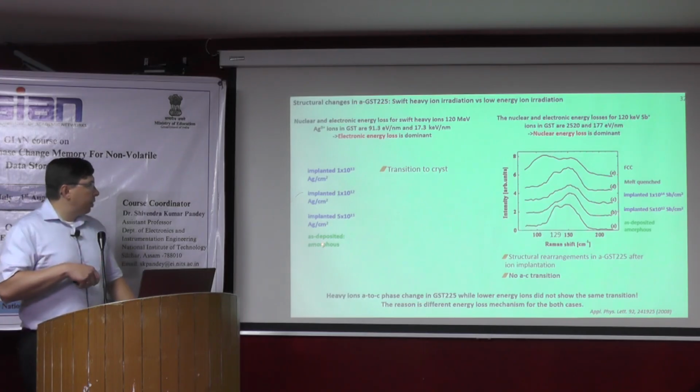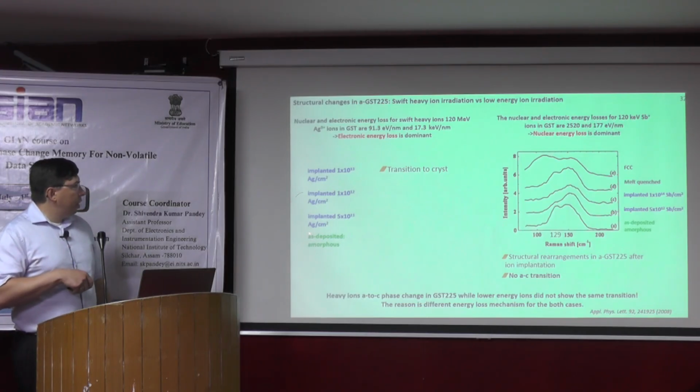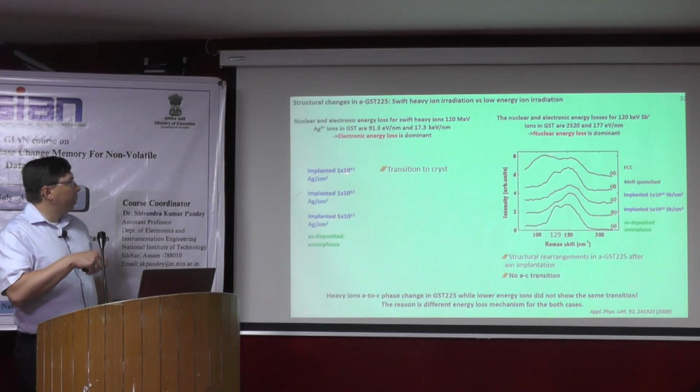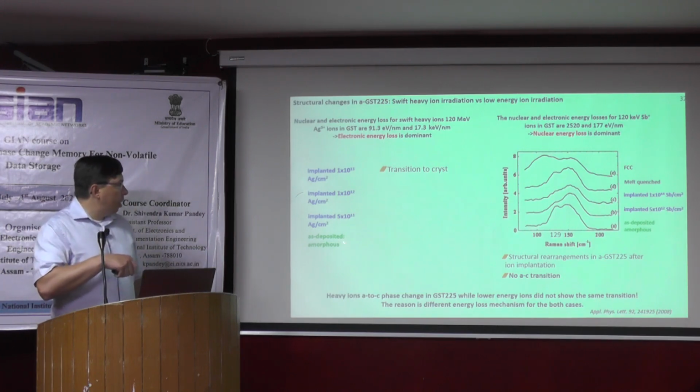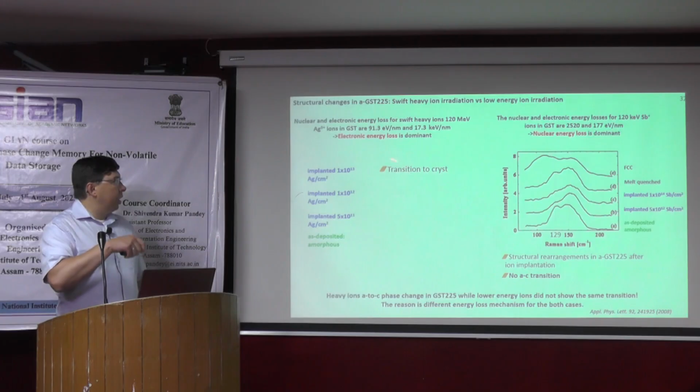If they start with the amorphous phase, and this amorphous phase is irradiated by ions of different fluences, like 10 to the 11, 10 to the 12, and 10 to the 13, one can see the transition from the amorphous to the crystalline phase.